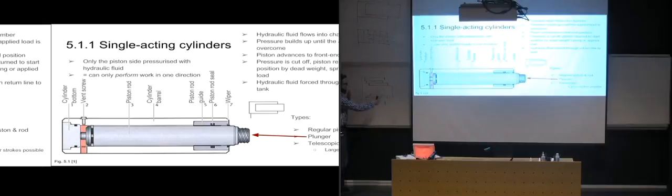So this means that you can sort of compact your cylinder quite a lot, and it's great to use, for an example, in a dump truck that's supposed to be able to lift up its loading area on the plane on the back of the truck.